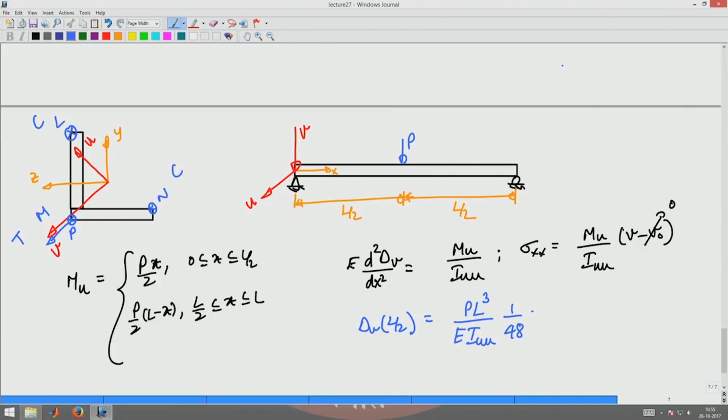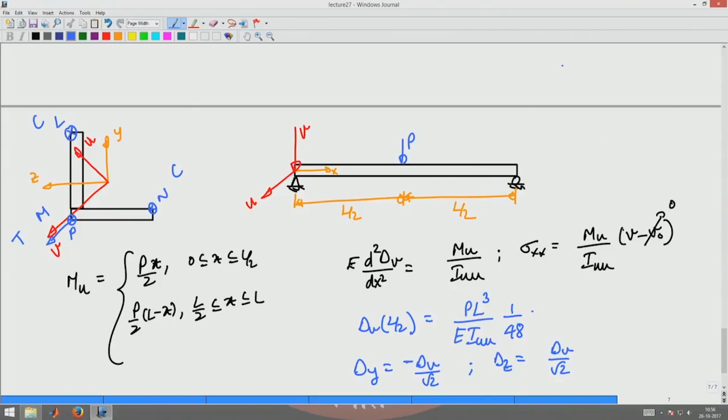Since this displacement is not along y or z, in this case also there will be a y and z displacement, but delta y would be delta V by root 2 with a negative sign, and delta z would be delta V by root 2. Again resolving the V displacement to y and z directions.